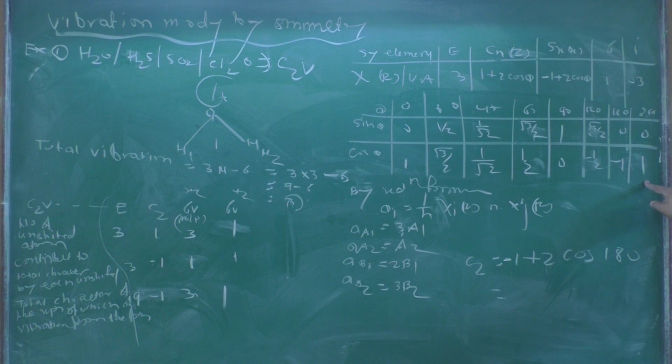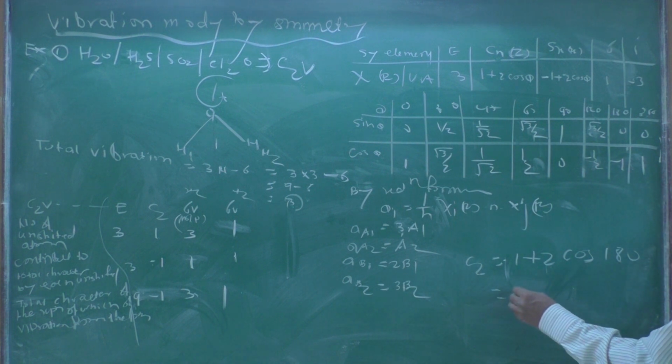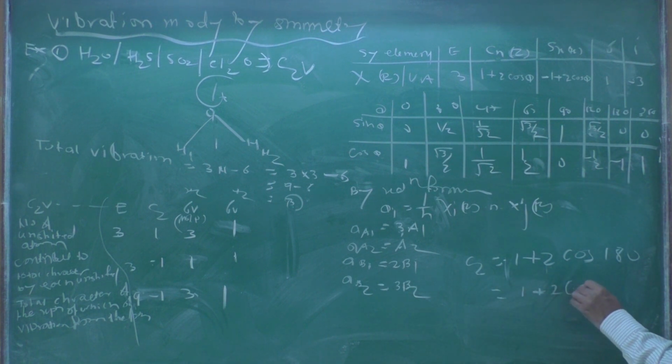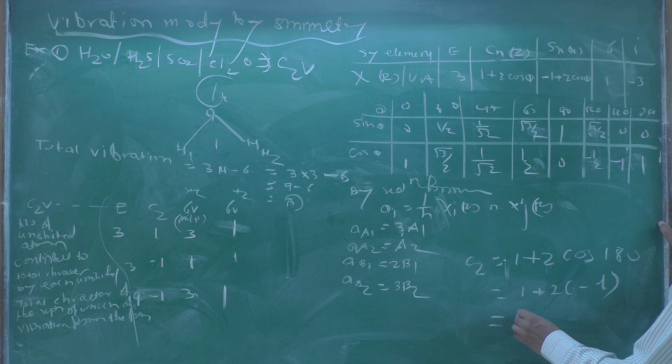So 1 plus 2 into minus 1, it becomes 1 minus 2, which is equal to minus 1.